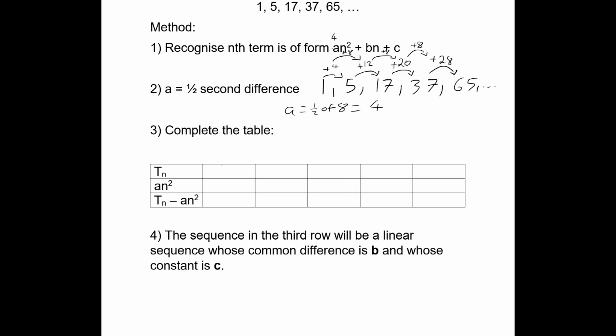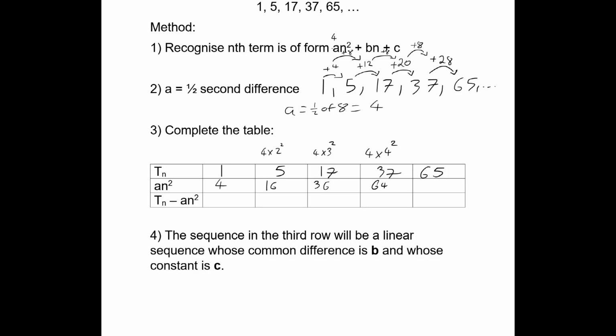We know T1, the first term is 1, second term 5, third term 17, and so on. We just fill that in. We know a is 4. 4 times 1 squared is 4. 4 times 2 squared, 2 squared is 4, 4 fours are 16. 4 times 3 squared, 3 squared is 9, times 4 is 36. 4 times 4 squared is going to be 64.